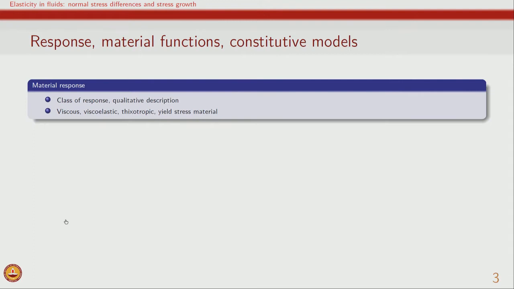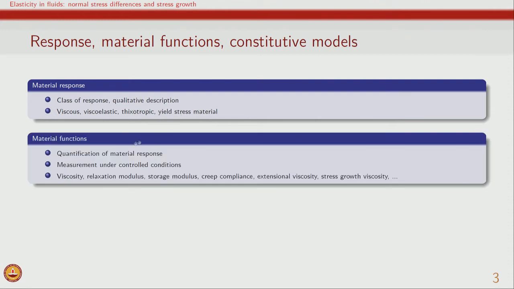So, again to the overall framework that we have been following, we can understand response qualitatively, but we define material functions to quantify the material response, and then we also look at some simplistic constitutive models, so that we can understand how the material functions for realistic materials behave. So, we have looked at viscous response, we are still continuing to look at viscoelastic response, and in some of the future lectures we will look at thixotropic and yield stress materials.